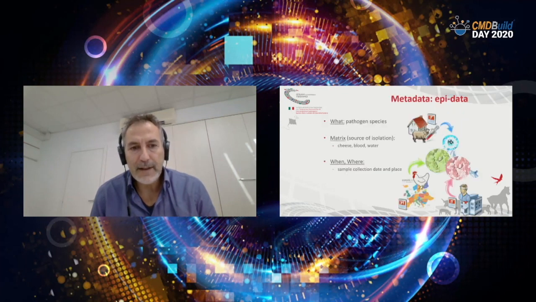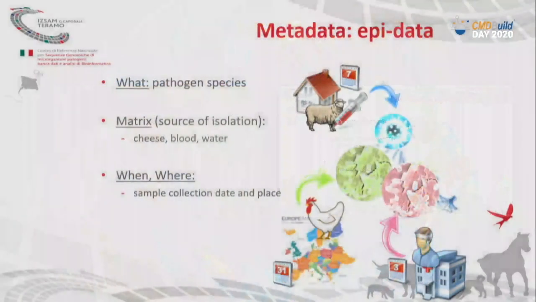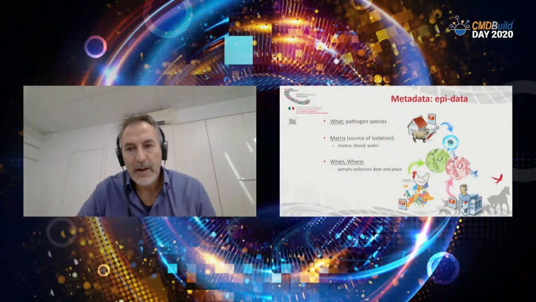In addition to the data from the genomes, we have to take into account the so-called metadata. That is the species of the pathogen, the matrix, the source of isolation. For instance, we could have viruses coming from the blood of a sheep, or maybe bacteria from a chicken or from a sick patient.